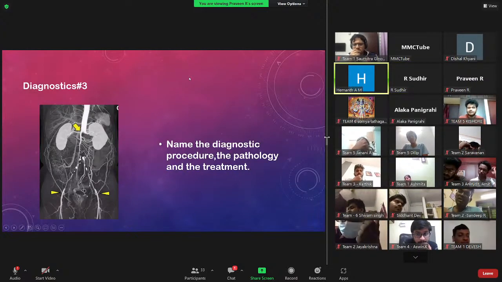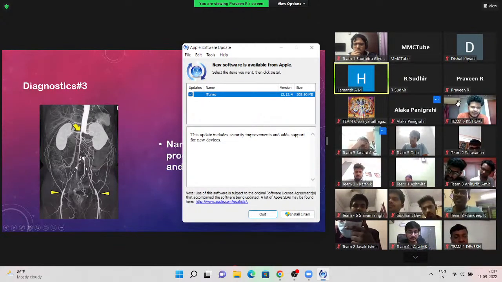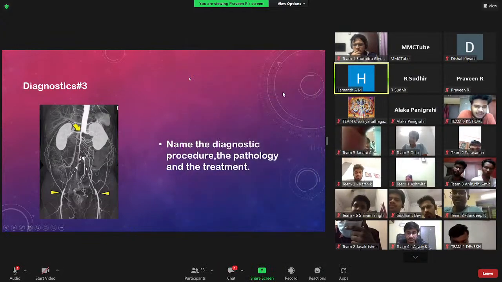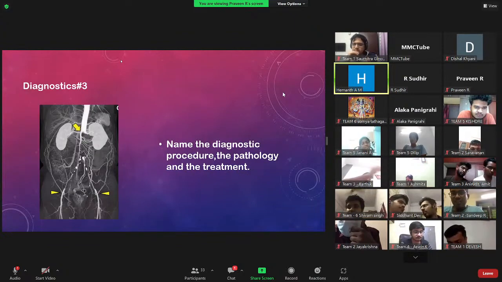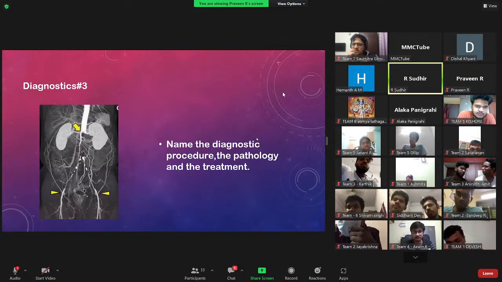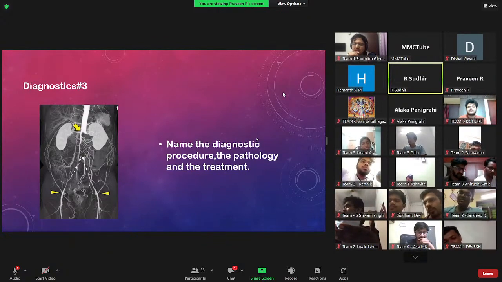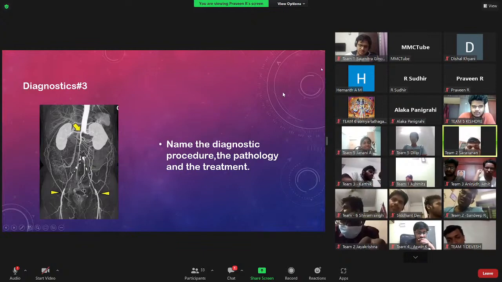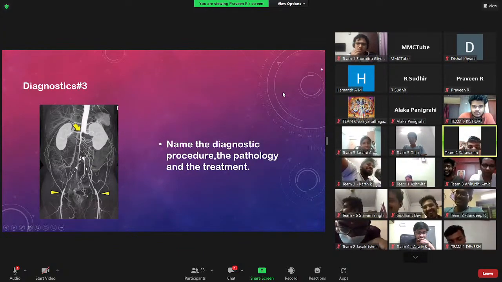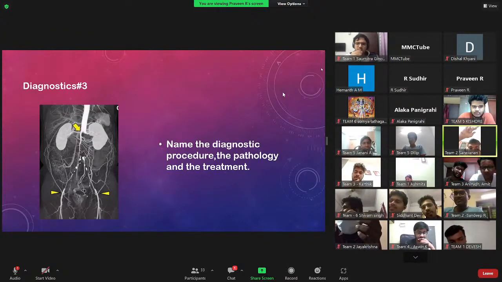Okay, team 2, please can you answer? Do you have an answer? Team 2? Yes. It's Leriche syndrome. Treatment is aortofemoral bypass.